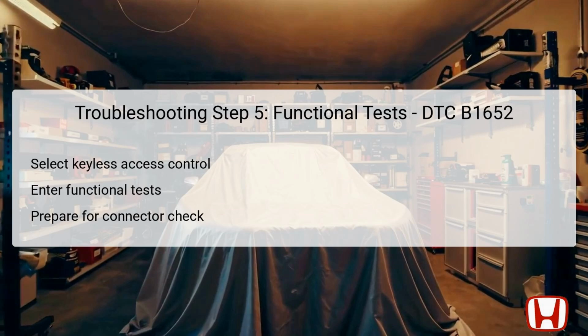By engaging in these tests, one can further verify if the B1652 issue is specifically tied to the right sliding door LF antenna circuit. This thorough assessment aids in confirming both functionality and performance baseline for the system, helping to focus on areas that may need closer inspection or repair.